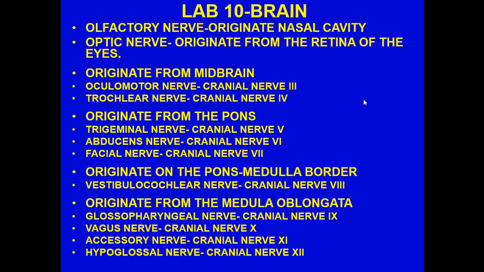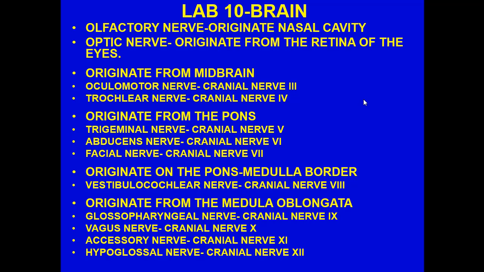So originating from the midbrain, you have the oculomotor nerve, which is cranial nerve 3, and the trochlear nerve, cranial nerve 4. Originating from the pons, that's the trigeminal nerve, cranial nerve 5, the abducens, cranial nerve 6, and the facial nerve, cranial nerve 7. Originating on the pons-medulla border, the vestibulocochlear nerve, which is cranial nerve 8.